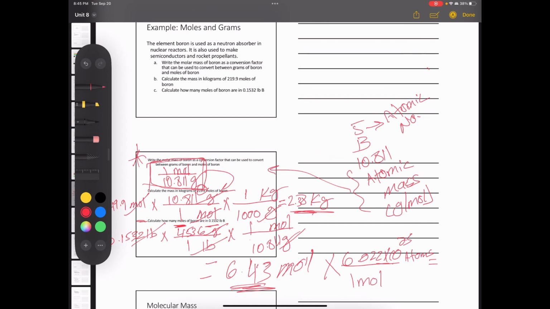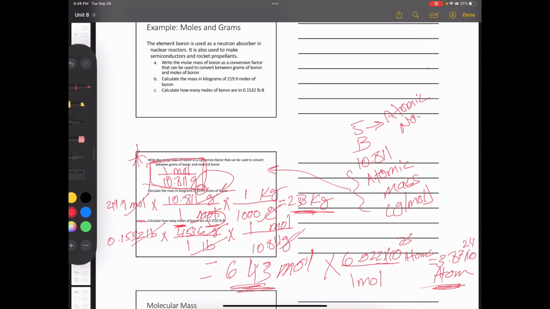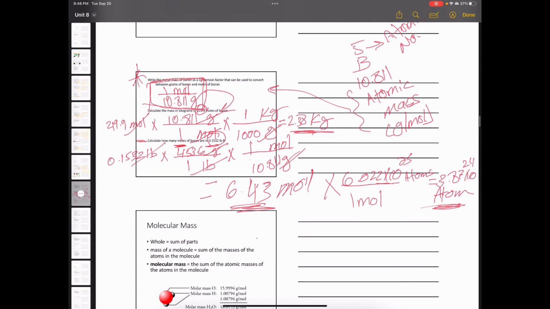Okay? So if you multiply the 6.43 times 6.022, that would equal 3.87 times 10 to the power 24 atoms. So we can convert from pounds to number of atoms to know exactly how many atoms of boron we have in that 0.1532 pounds.